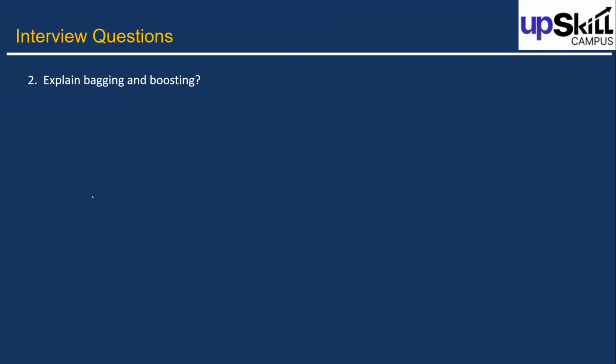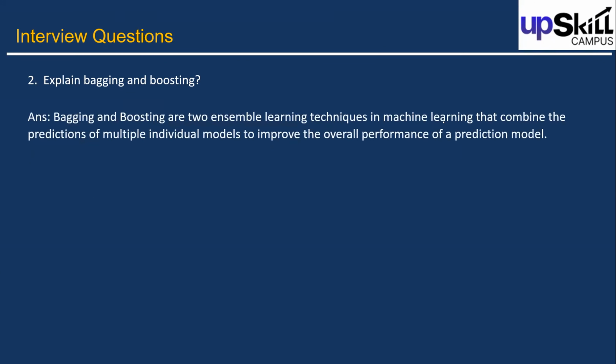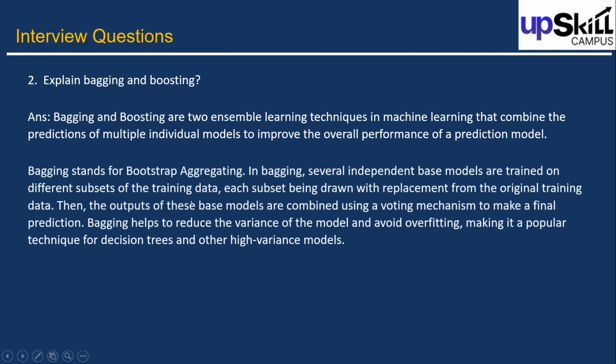Now, bagging and boosting, as Gaurav said, are part of an ensemble learning technique where we have multiple models, like 10, 20 different models, which we also call weak learners. The advantage is that we have 20, 30 different models trying to make a better prediction than your one model or one decision tree would have made.